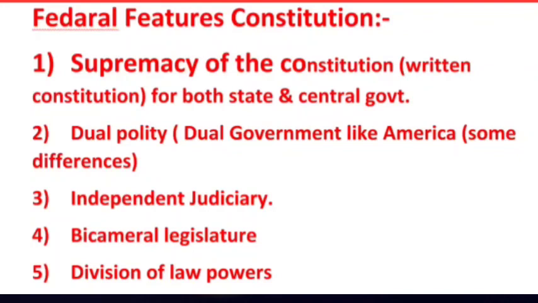Union list is mainly controlled by the union government, means the central government. State list is under the control of the state.